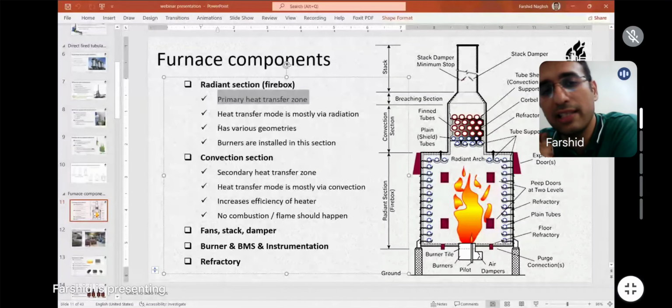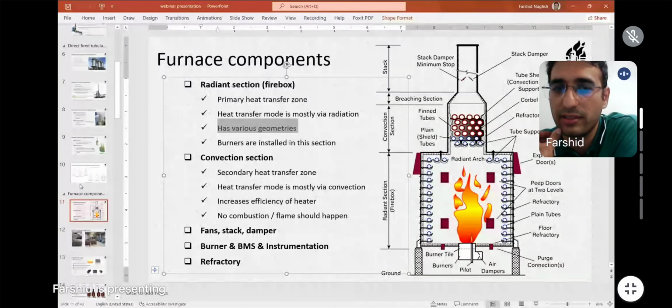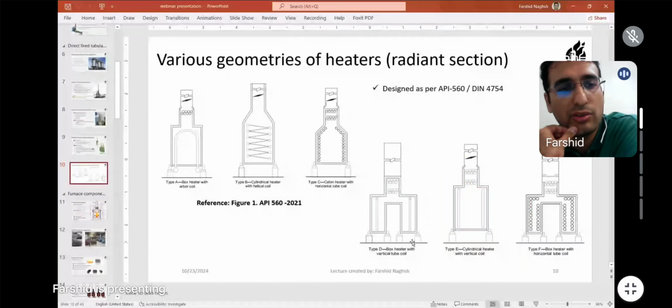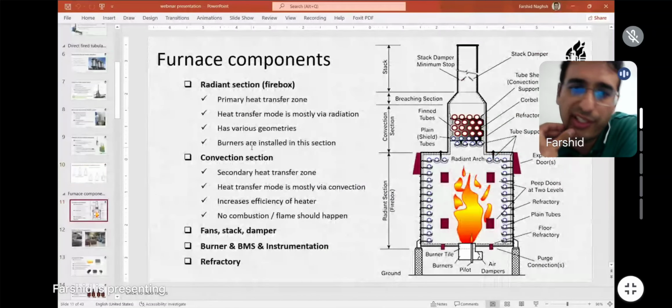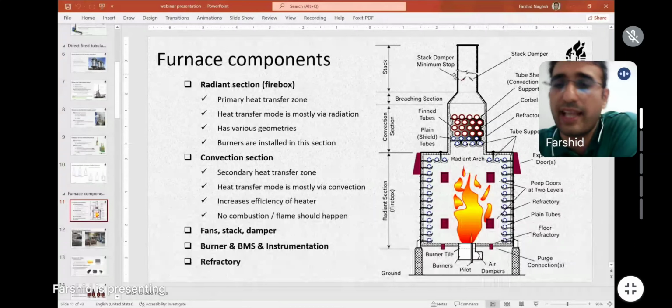It also has various geometries. We talked about the possible geometries available here, so we will not go over it again. Also, burners are installed in this section. Yes, we cannot install burners in the convection section or stack or somewhere else.